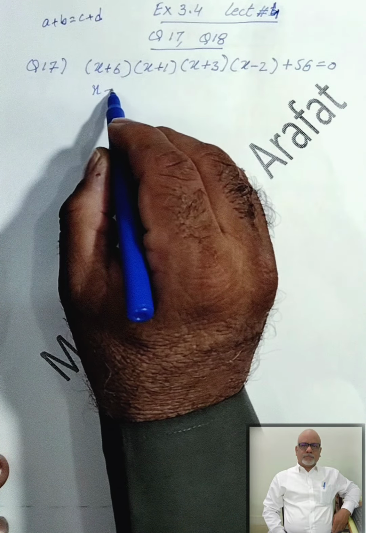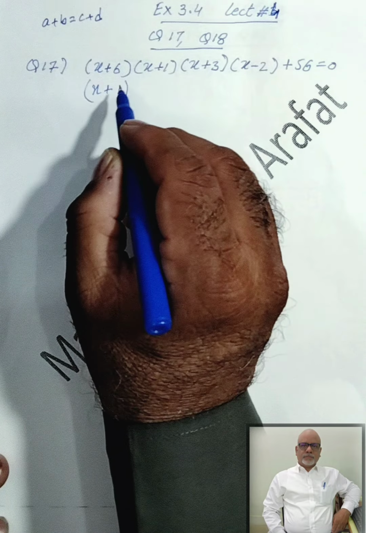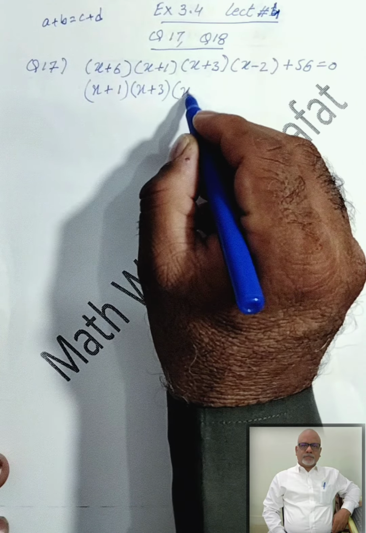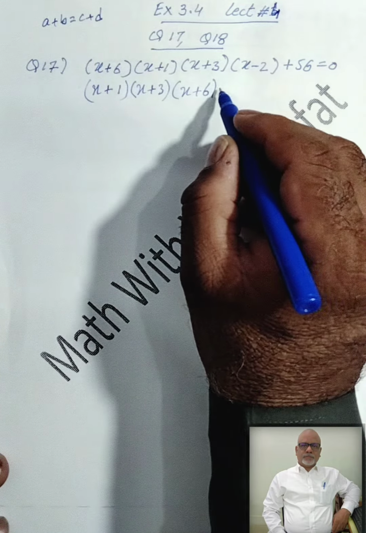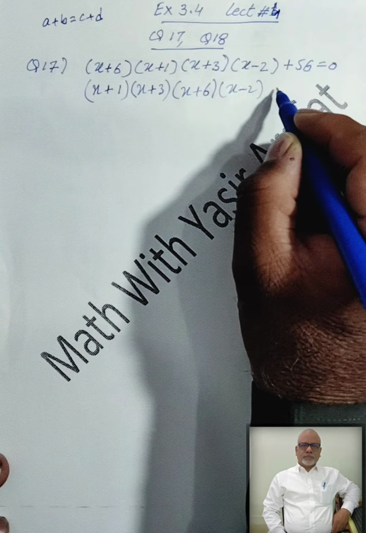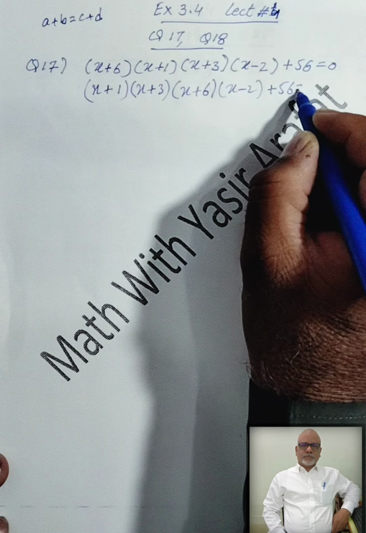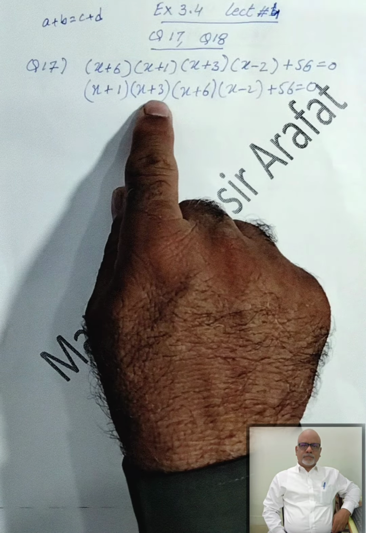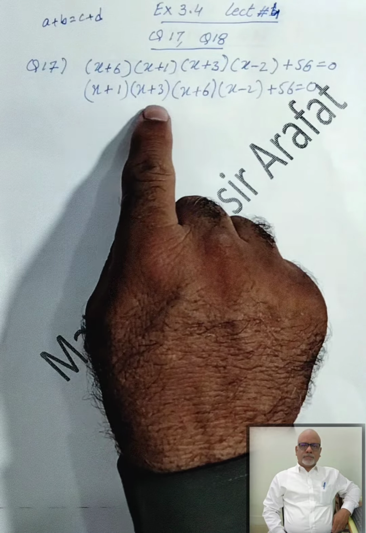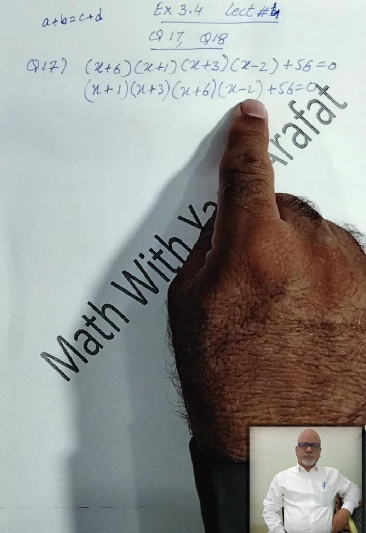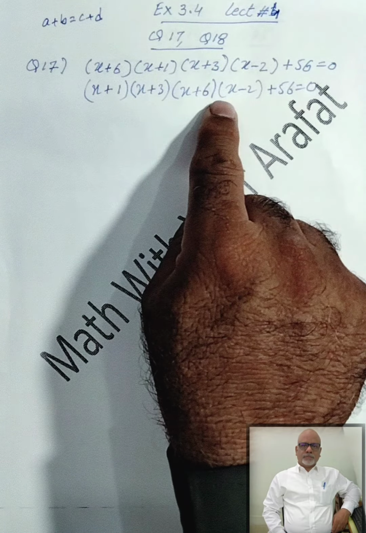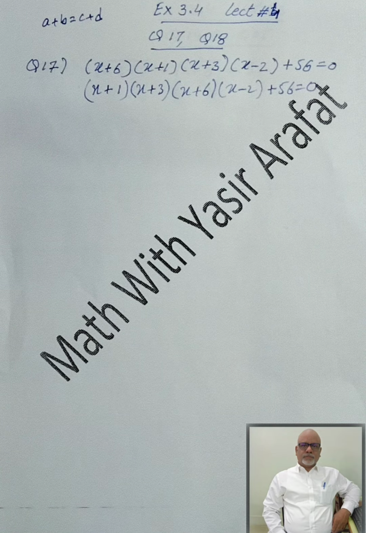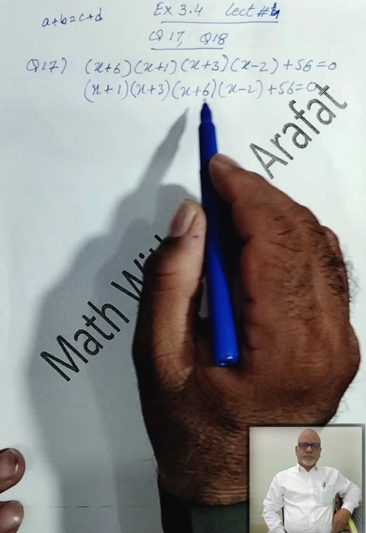So this is (x+1)(x+3) times (x+6)(x-2) plus 56 equal to 0. Now a plus b equals c plus d: 3 plus 1 is 4 and 6 minus 2 is 4, so their results are equal. According to this, we rearrange these brackets. Now pairwise we have to multiply these two brackets.